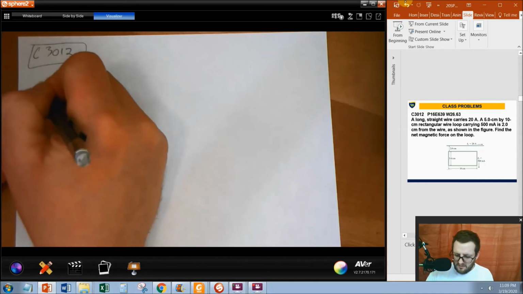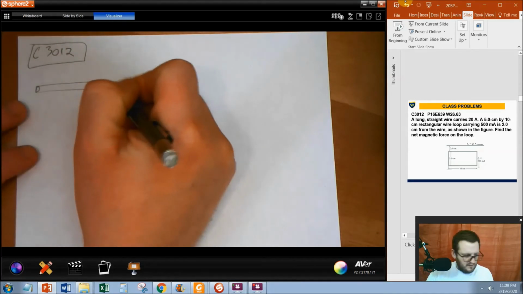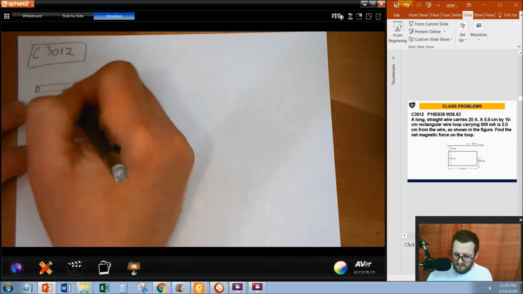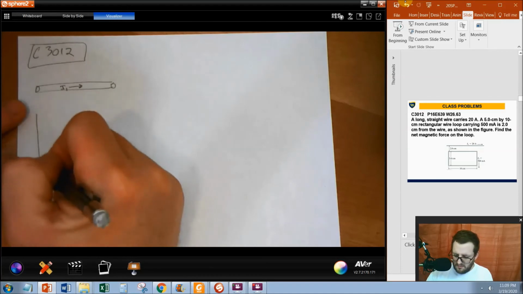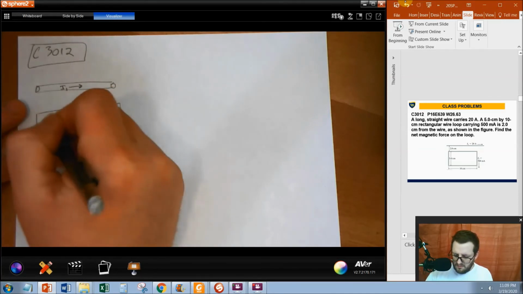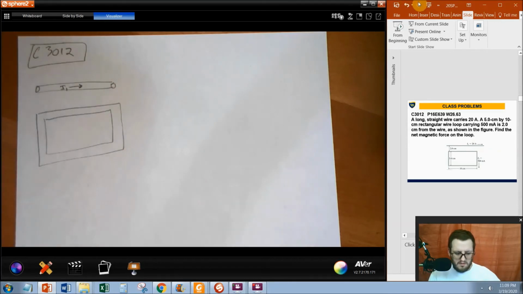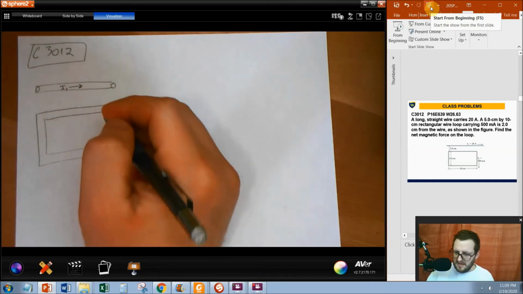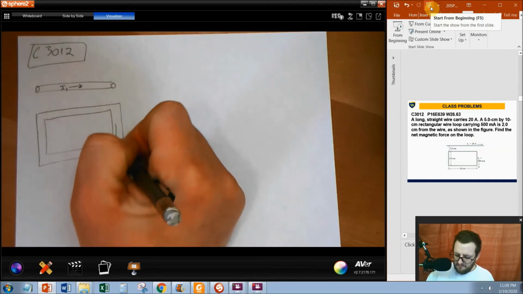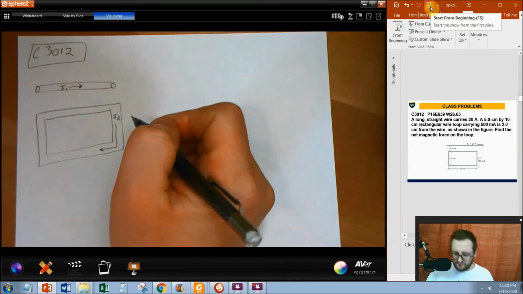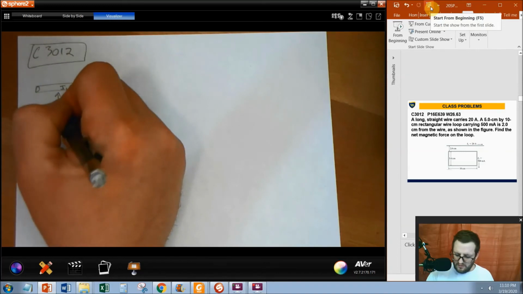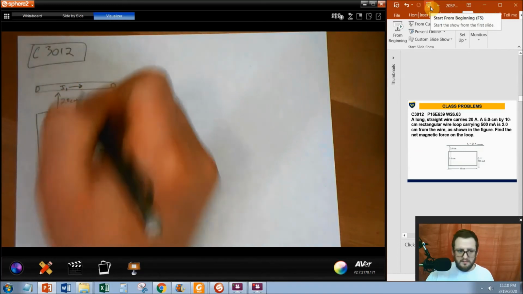So I've got this I1, and I've got I2 going in a clockwise fashion. There's 2.0 centimeters here.